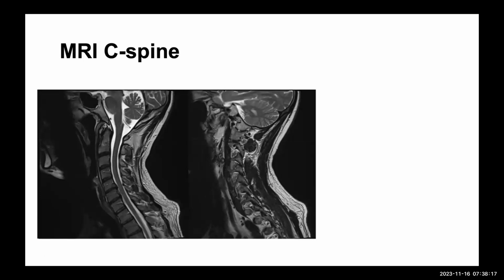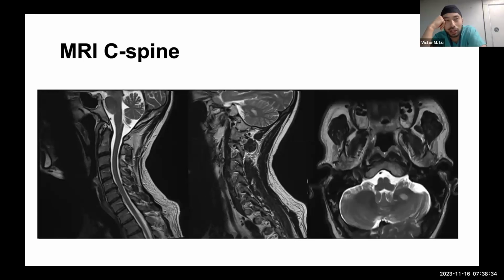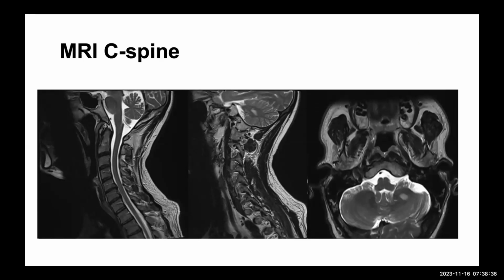Yeah, for left arm pain. So I'm looking at on the left, we have a T2 of the C-spine. Let me see the axial as well. Oh, there's 3 of them. Sorry, I was zooming in.